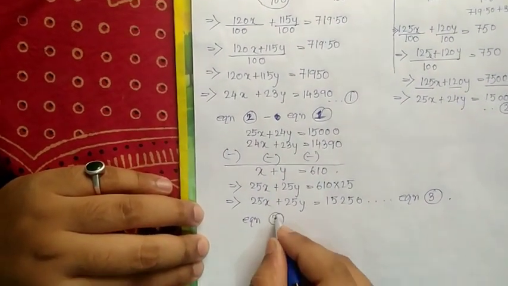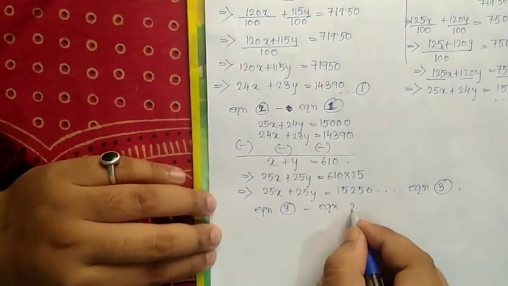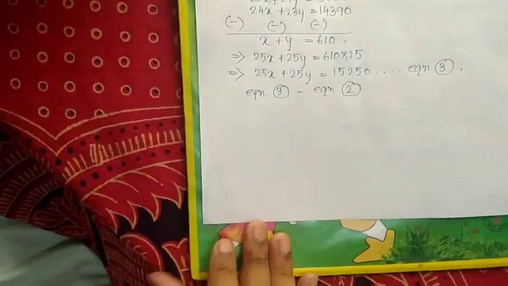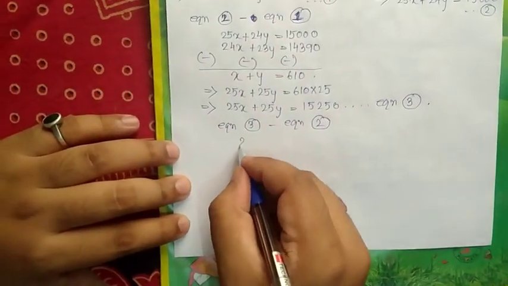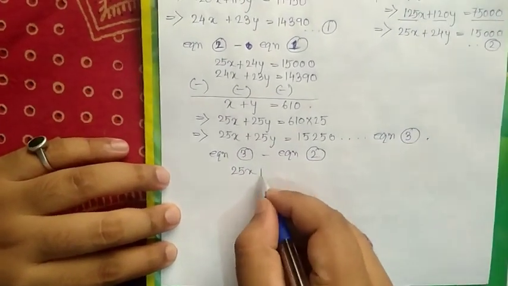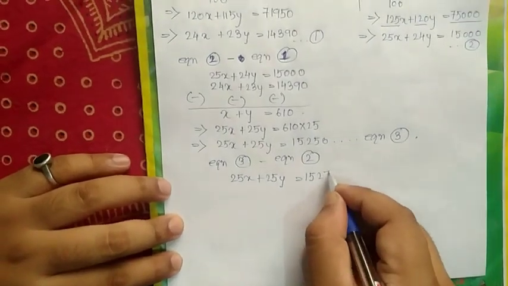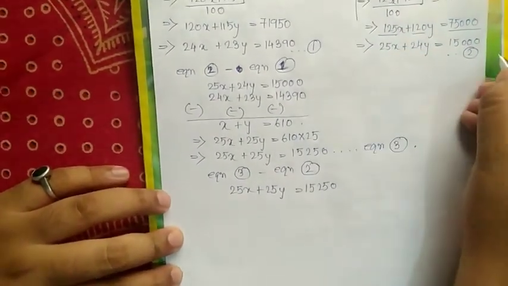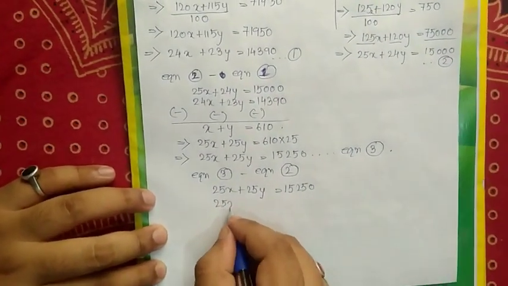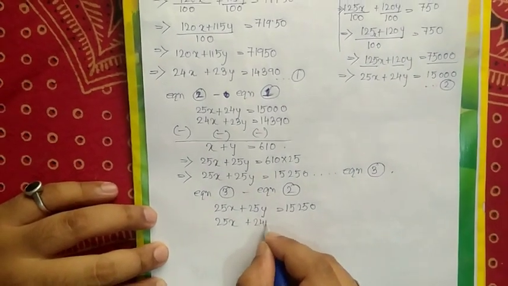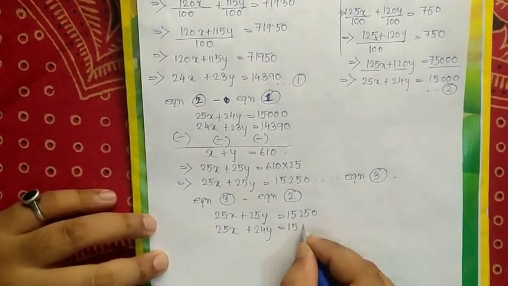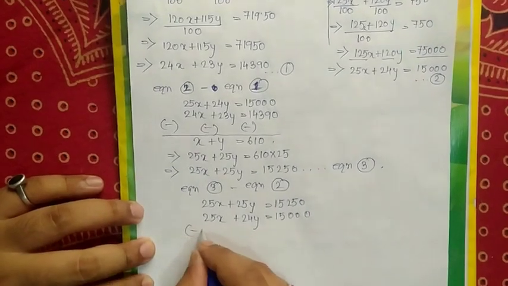Equation 3 minus equation 2: 25x plus 25y equal to 15250, and 25x plus 24y equal to 15000.